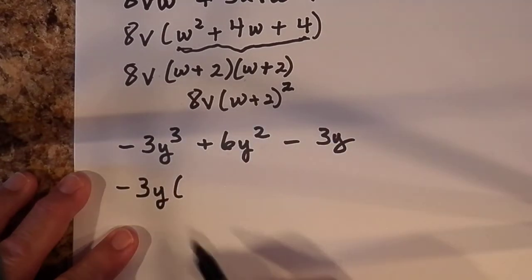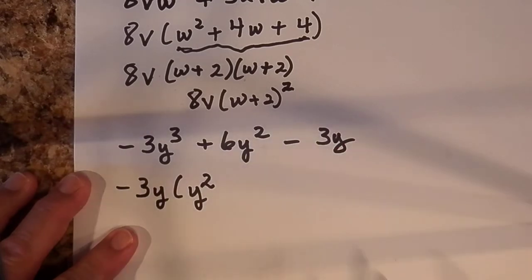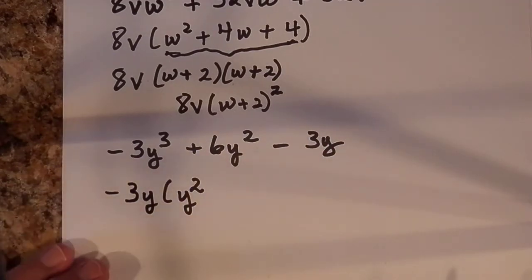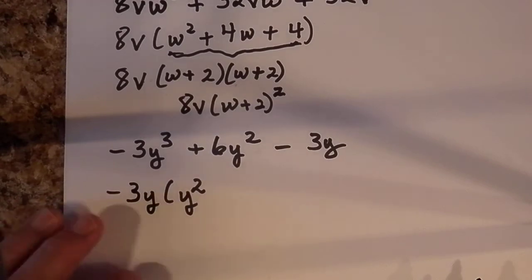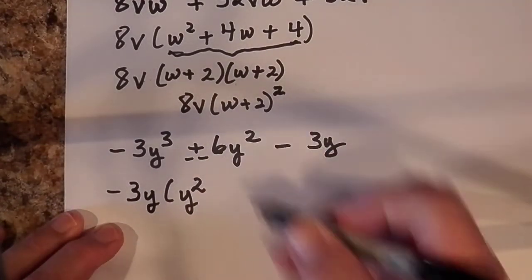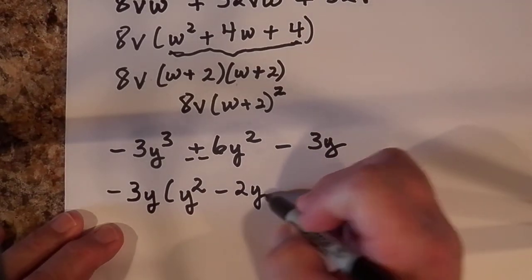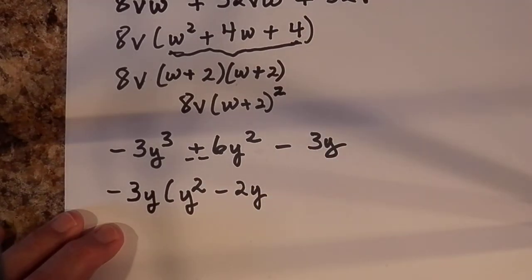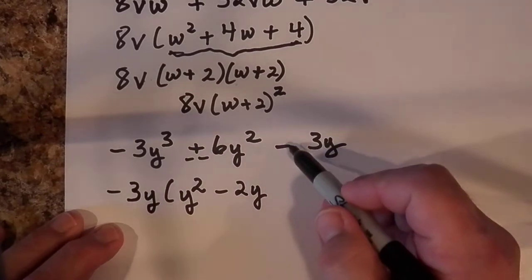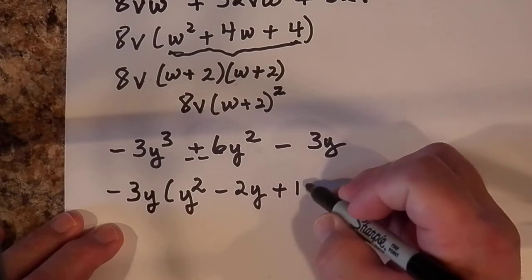I want to take out the negative 3y because we like our first term typically to have a positive coefficient. If I take the negative 3y from here, again, think of this as being two negatives, so I've got negative 2y left. And if I take this negative away, then I'm left with plus 1.